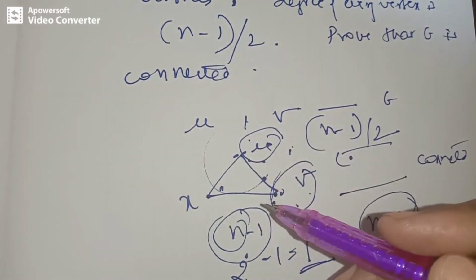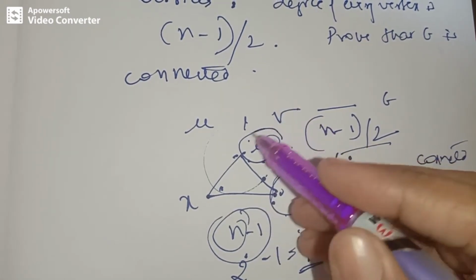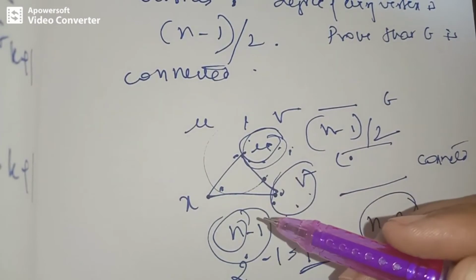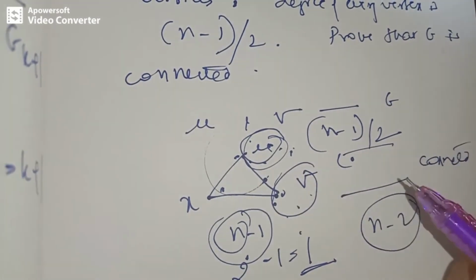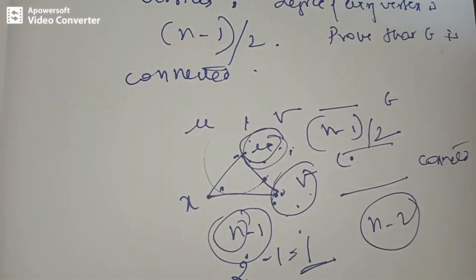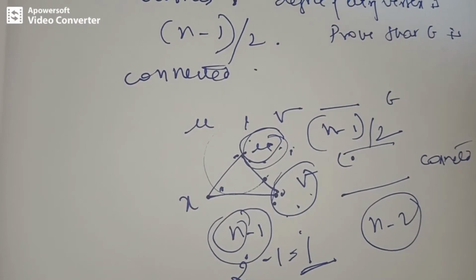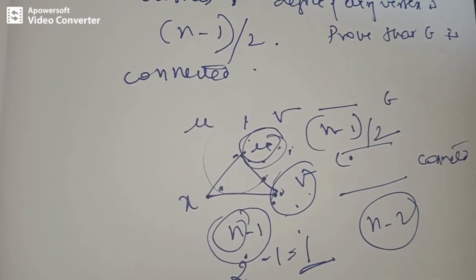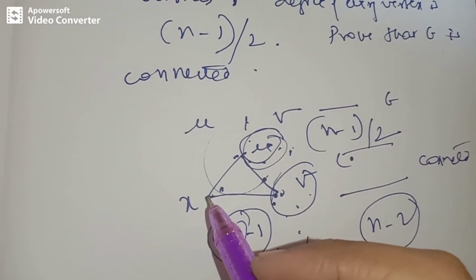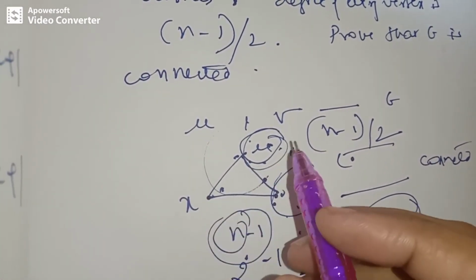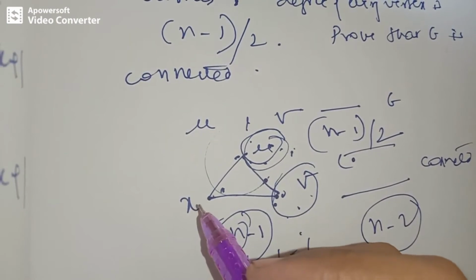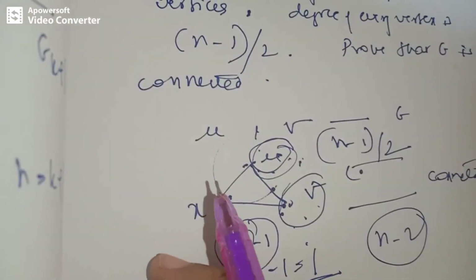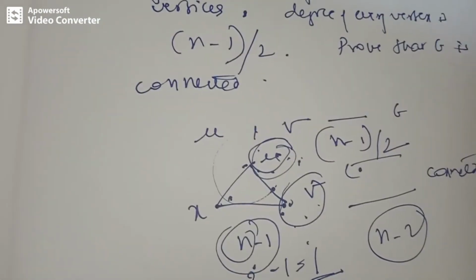There are n vertices, so it will be n minus 1 taken individually. If you take u and v together, they may have n minus 2 neighbors, right? Therefore, at least one vertex must be a neighbor of both, that is x. So if x is a neighbor, then there must be a path between these. So it is connected. So this is the proof.